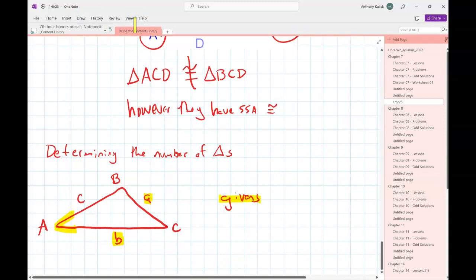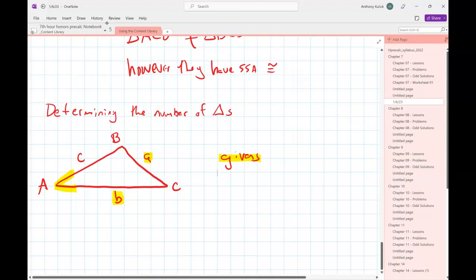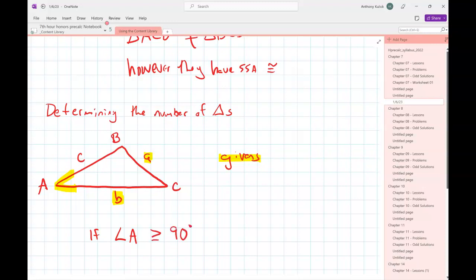Those are the givens in our problem. Everybody's okay with that? So the first thing we're going to do is look at the size of angle A. If angle A is greater than or equal to 90 degrees, what kind of triangle do we have?